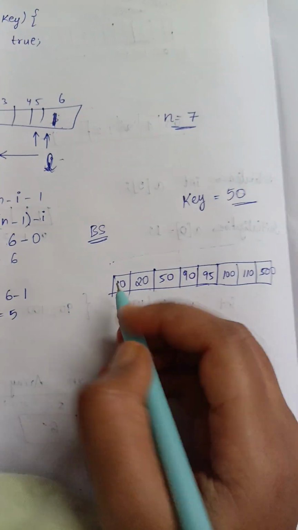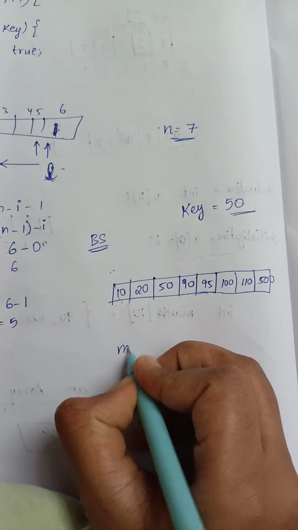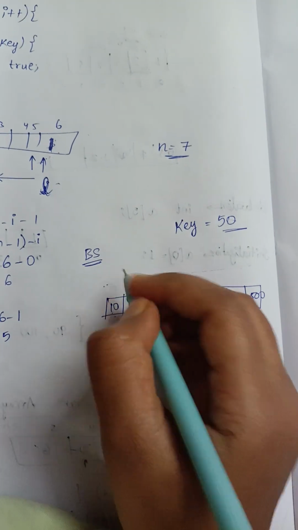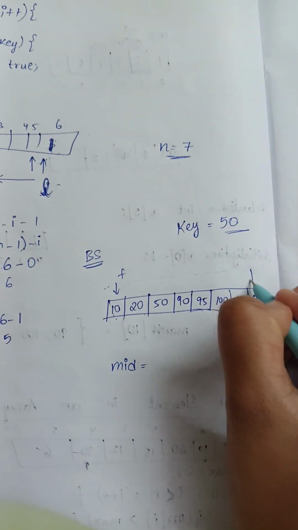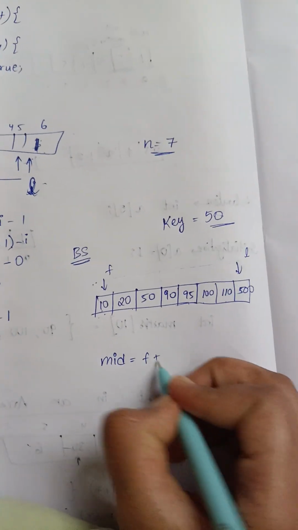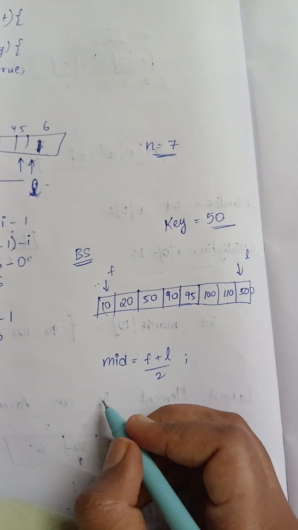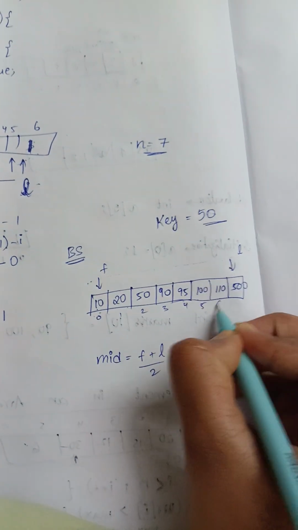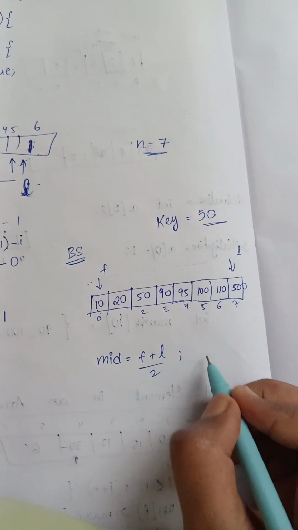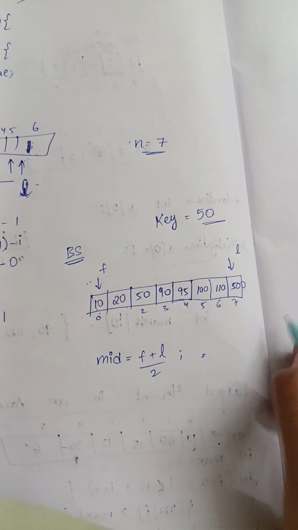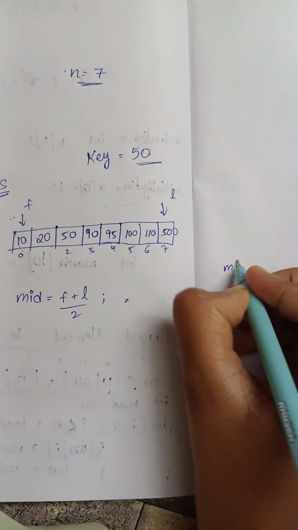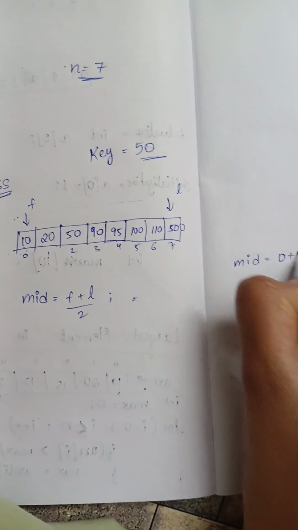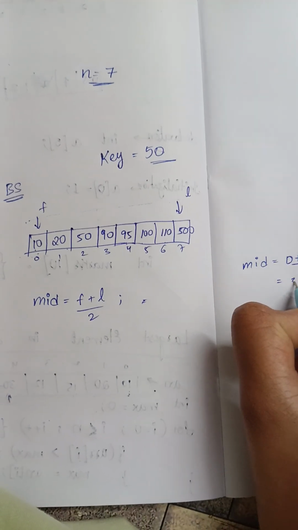To implement binary search, we'll take mid. Initially f will be here, l will be here. We'll compute f plus l by 2. What is f plus l by 2? The indexes are 0 plus 7 by 2, which is 3.